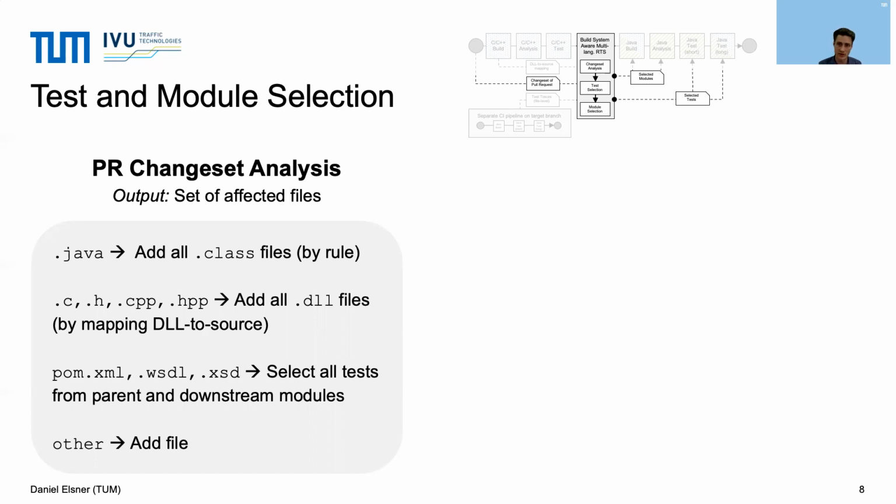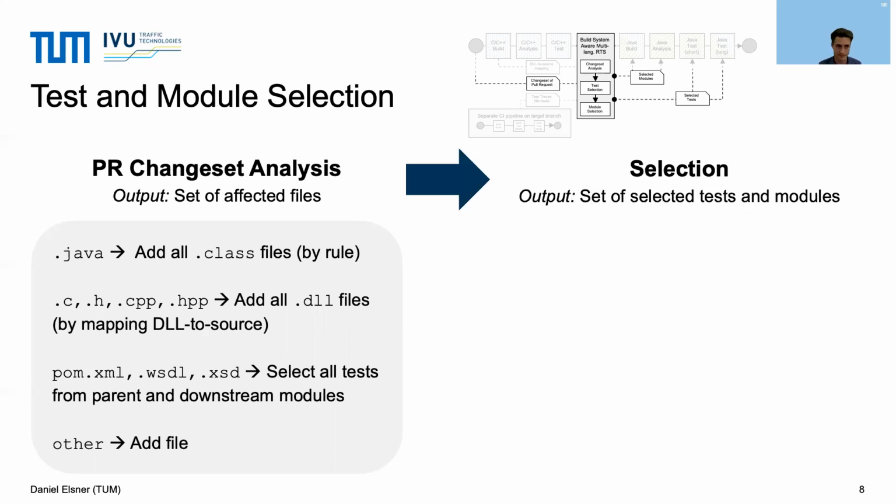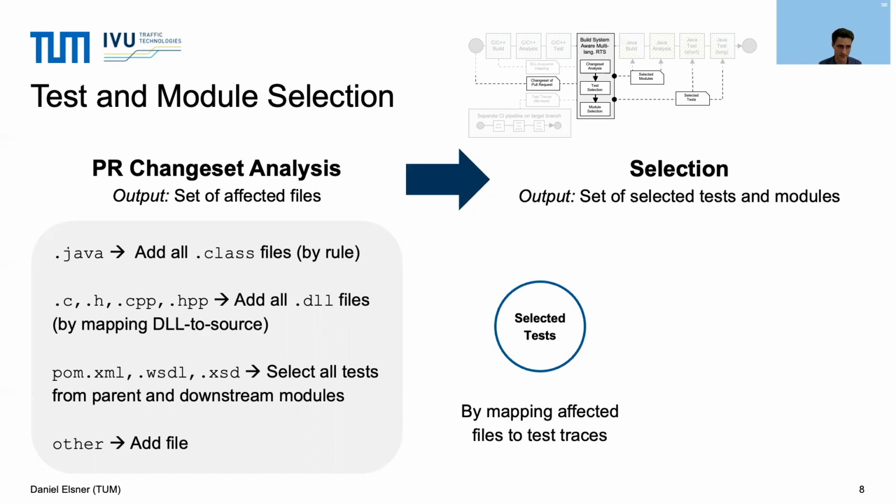In case of any other files being changed, for example, a CSV file, we simply add that file to the set of affected files.